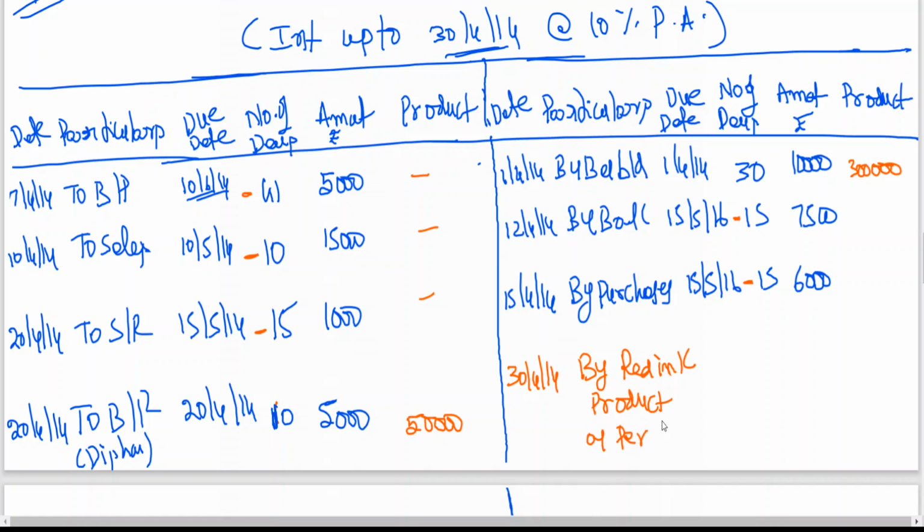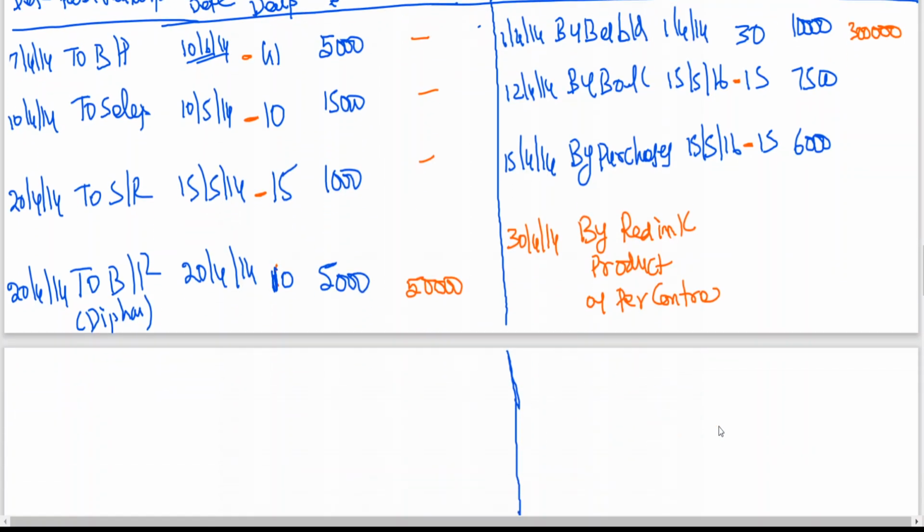Contra means opposite. You can write red ink product, but you can also write as per contra. So 5,000 into 41, if you multiply, you'll be getting 2,05,000.